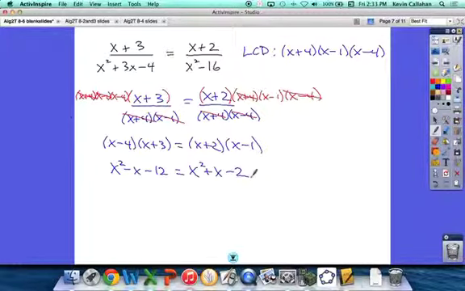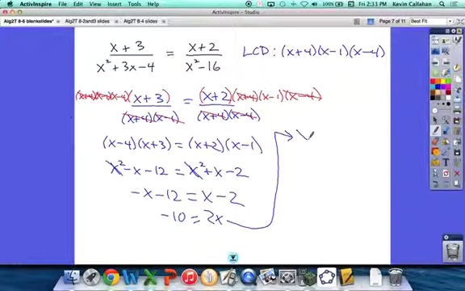Subtract the x squareds. When you subtract the x squareds, they cancel, right? So now you're left with negative x minus 12 equals x minus 2. So I add the x to this side, I get 2x. I add 2 to both sides, I get negative 10. So x equals negative 5.